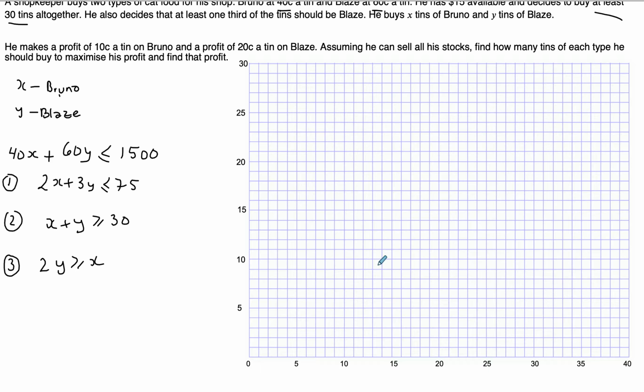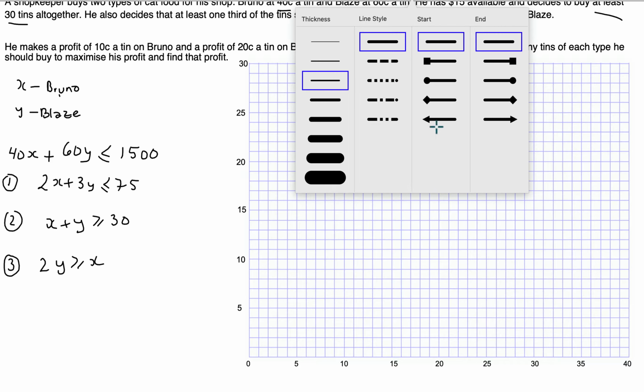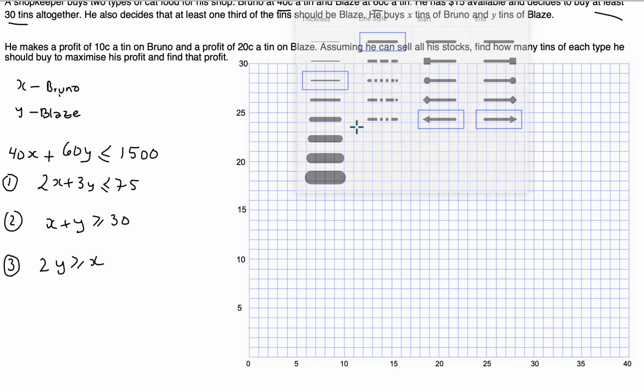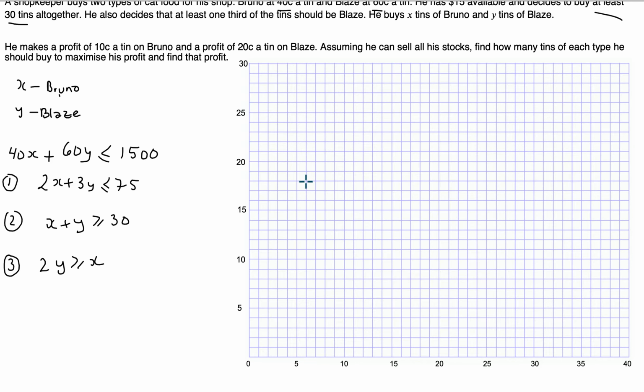Graphing them all together, we don't have any strict inequalities. We have equal to inequalities, so we're always going to get straight lines. The first line I'm going to graph as the 2x plus 3y, and that is going to cross 25, and it's going to come right here at 37.5.